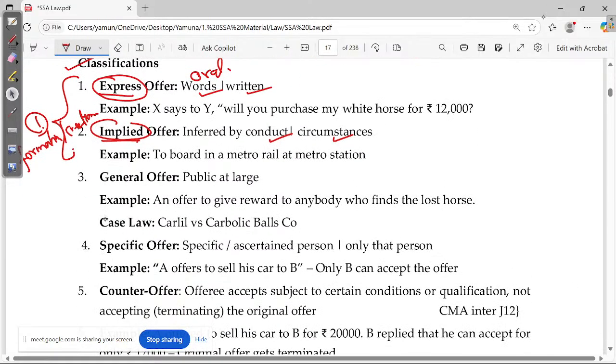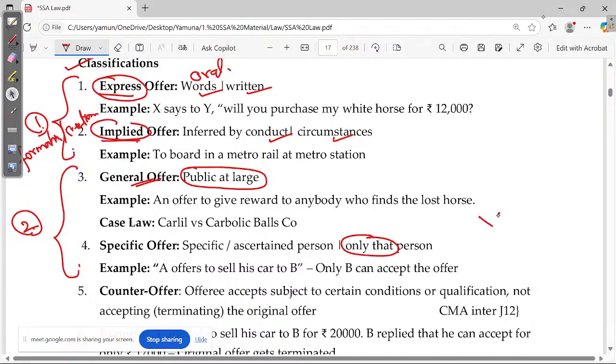Second major classification is to whom this offer is made. We say this term offeree, right? Who is this offeree? If the offeree is the public at large, you'll call this a general offer. If the offer is made to one particular person, only that person can accept.